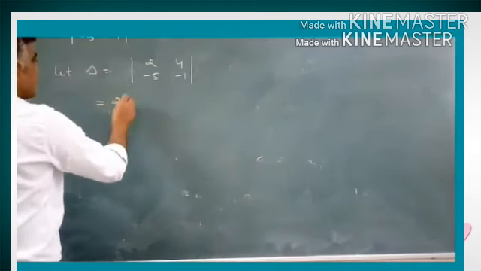Therefore, we take the product of diagonal elements minus the product of non-diagonal elements. We have cos theta into cos theta minus sin theta into -sin theta, which is cos square theta plus sin square theta, equal to 1.